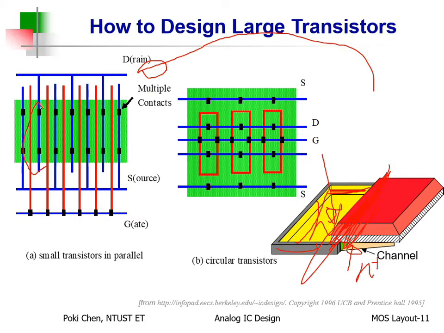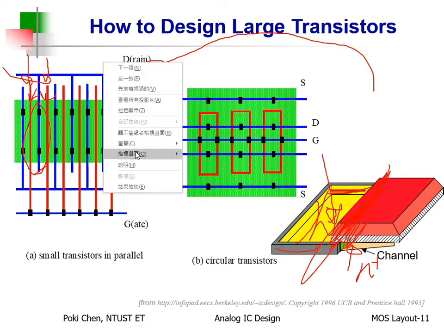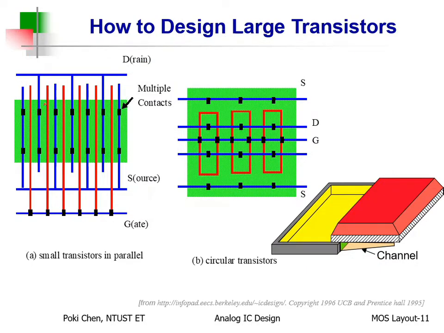Both long sides, to the left or to the right, are covered by this polygate, by that polygate. Bingo! With very few parasitic capacitance. Okay? So the only trouble is where? The short sides. Here and there.